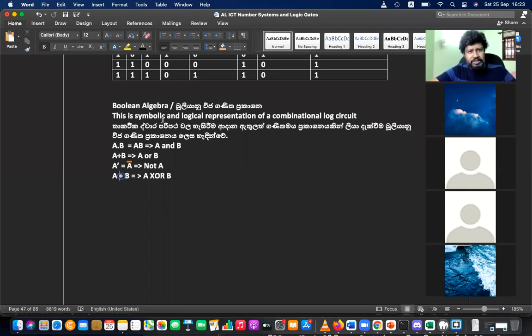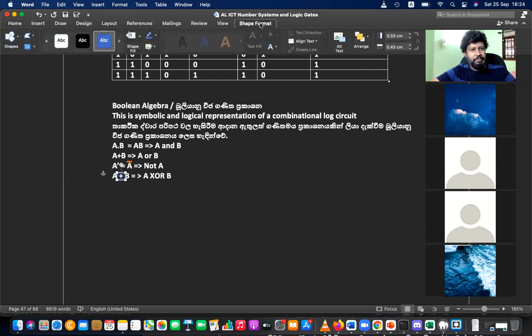This is the symbolical representation of combinational logics, right? You can write down A and B, AB, which is read as A and B, A or B, A naught, and then A XOR B. Other things are also combinations of these.